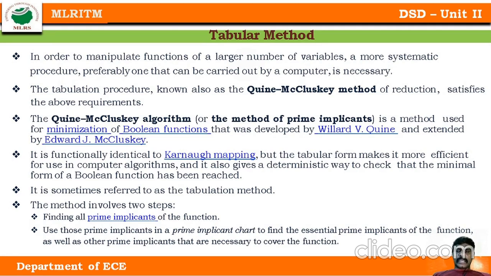Prime implicants are groups, a sum term or a product term, which can be combined with another product or sum term. Essential prime implicants are the implicants which are mandatorily present in your output. We'll see the details.